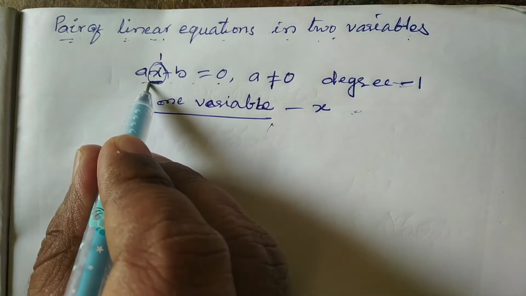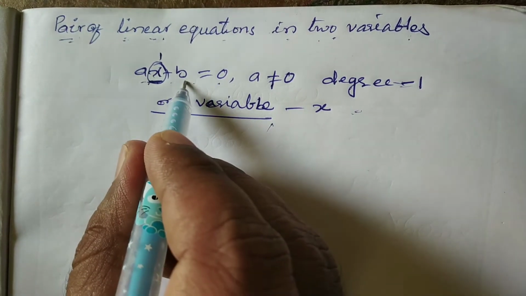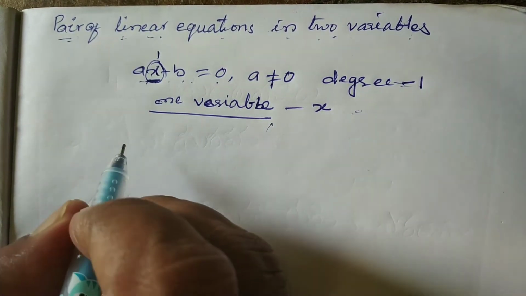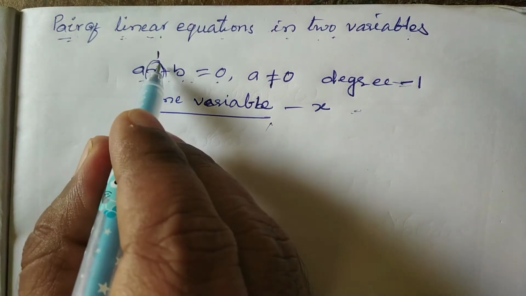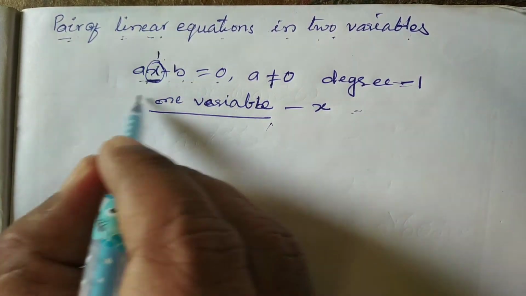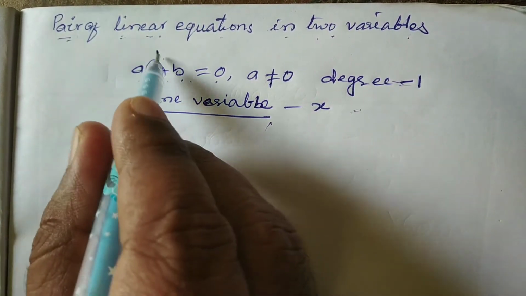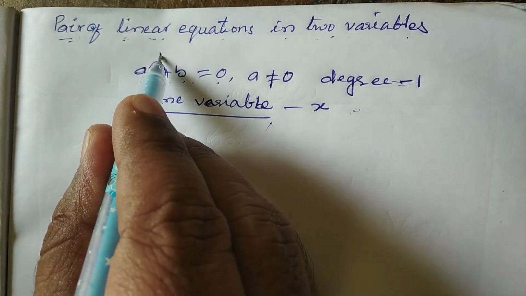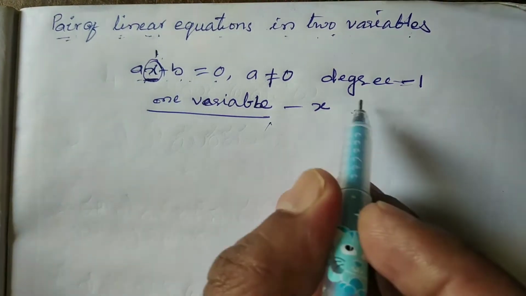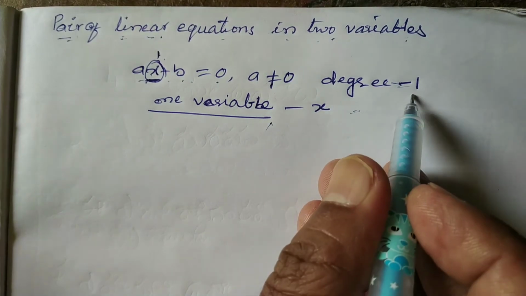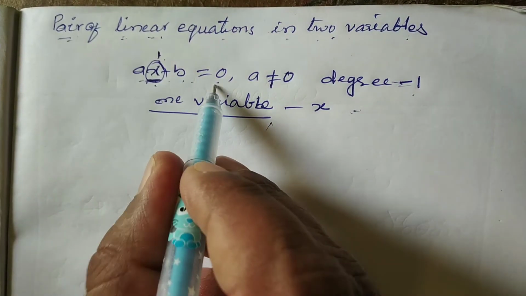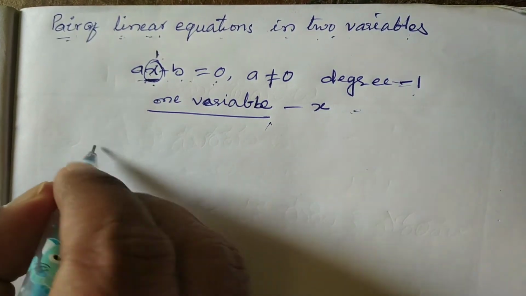Therefore, it is a linear equation in one variable. So degree means the exponent of the variable, the highest exponent of a variable. So that is degree. When the degree is 1, that is called a linear equation. Okay.